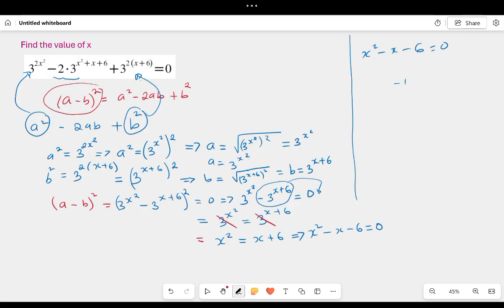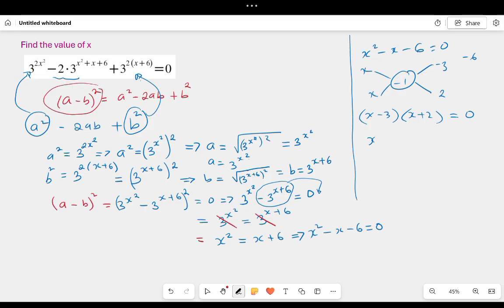When I add, I'm going to get -1 because -1 is the coefficient of x, the x in the middle. And when I multiply these two numbers, I'm supposed to be getting -6. So the numbers are -3 and 2. And x squared can be split into x and x. So therefore, our factors are x minus 3 and x plus 2, which is equal to 0.